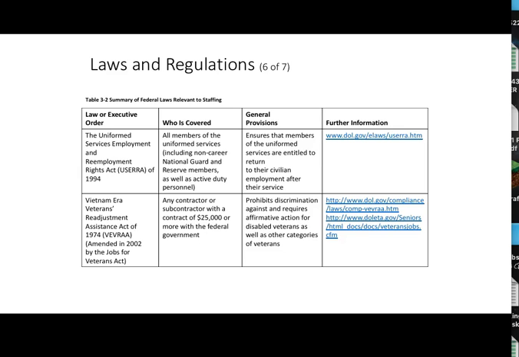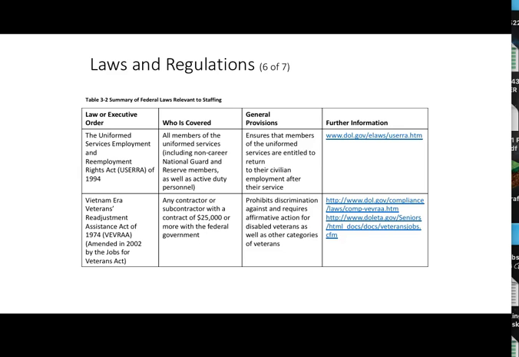In terms of the Vietnam Era Readjustment Act, again, subcontractors and contractors with the federal government have to do this. They want to prohibit discrimination and require affirmative action for disabled veterans. So it's similar to the Rehab Act, but focused specifically on Vietnam era vets, and of course, in 2002, it was amended to the Jobs for Veterans Act.